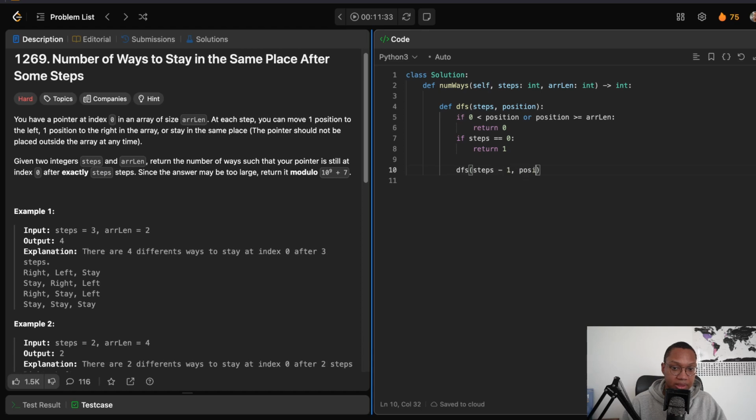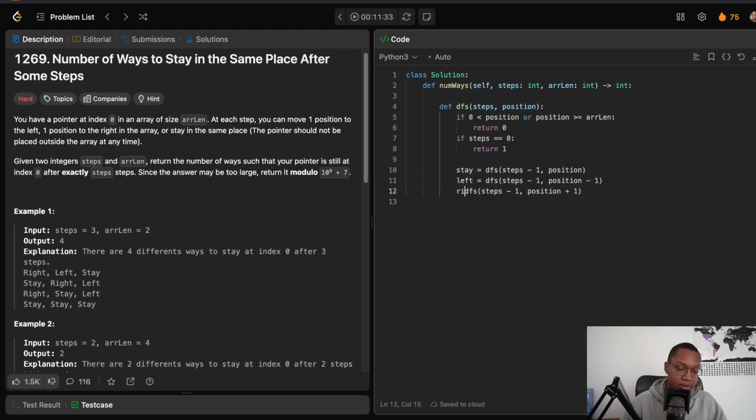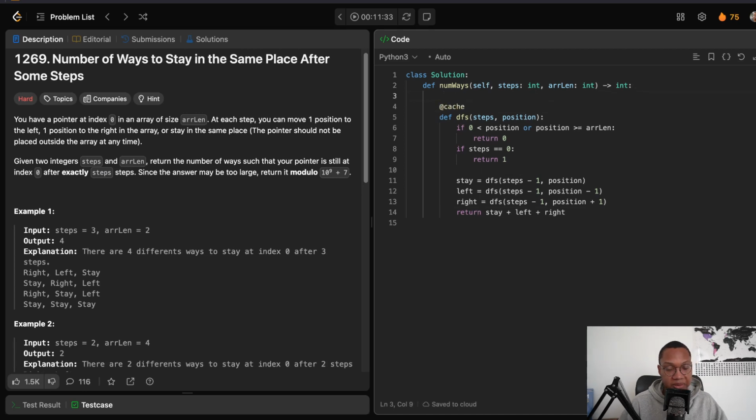So this one will be us staying, going left, and then going right. Like stay, left, and then right. I feel like you should be able to cache the positions.